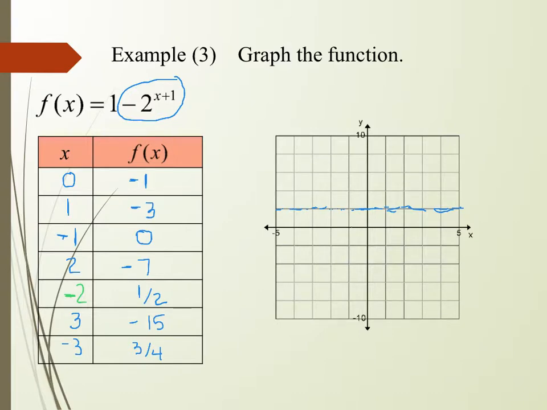So now we can just plug in some of our points. We have a point here at 0, 1. We have negative 1, 0. We have a point at negative 1, 0 as well. And we can also look at negative 2, 7, or positive 2, 7.